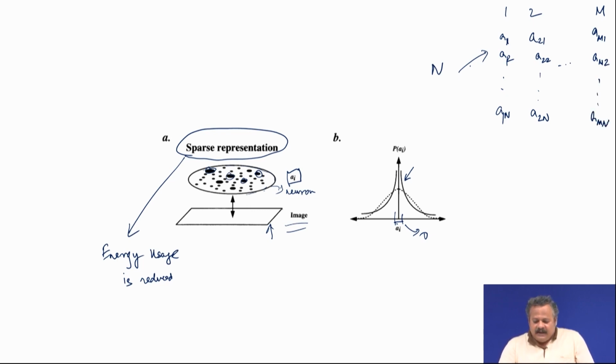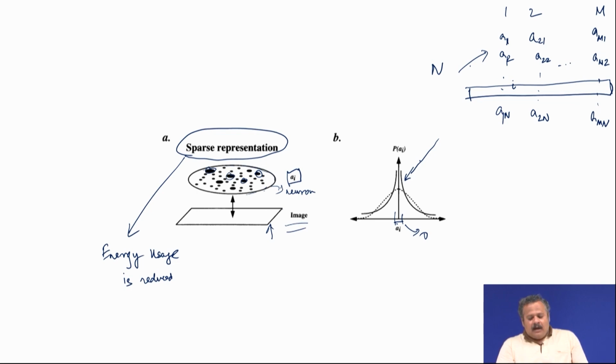So what they are saying is that if we take any one unit A_i, the ith row here, then for all the capital M images, the activity of A_i would have a distribution whose mass is concentrated near zero, that is, most of the time that unit is inactive, whereas it has a heavy tail, in the sense that it has lower and lower probability of having a high activity, but it can have higher and higher activity in fewer and fewer cases.